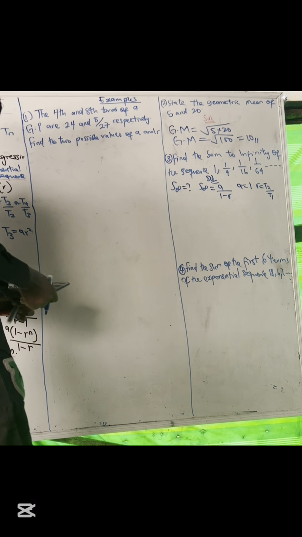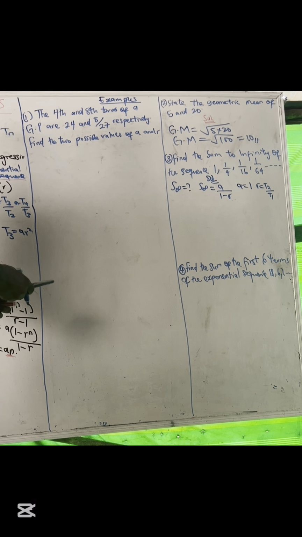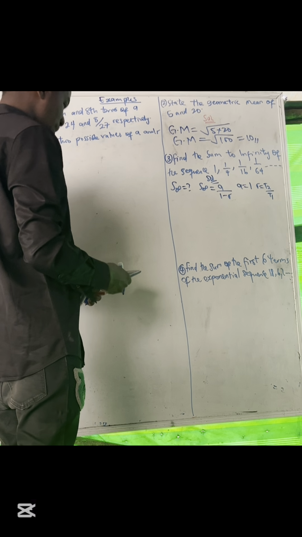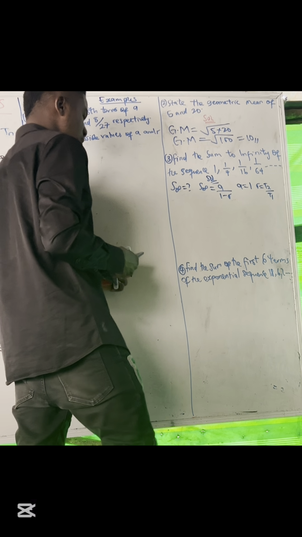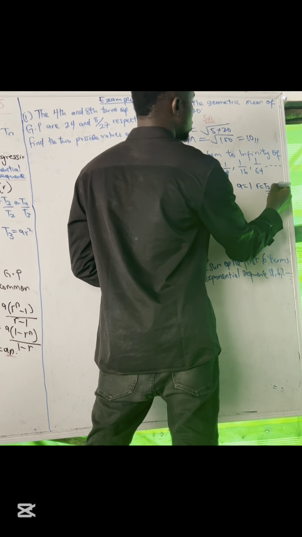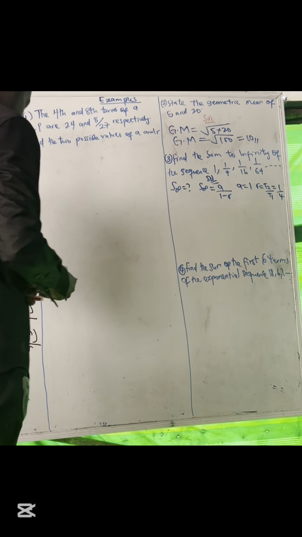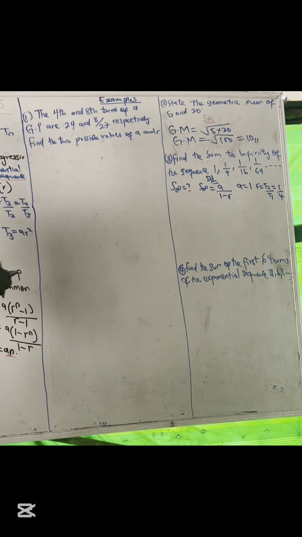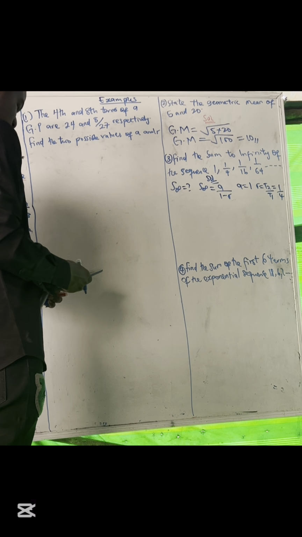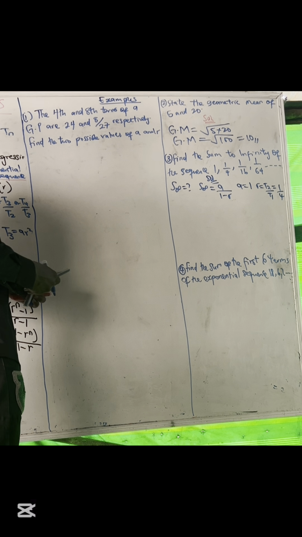So if you press 1 divided by 4, divided by 1, then your common ratio is going to be what? 1 over 4. So if you try it again, press 1 divided by 16, divided by 1 divided by 4, you will still get what? 1 over 4.